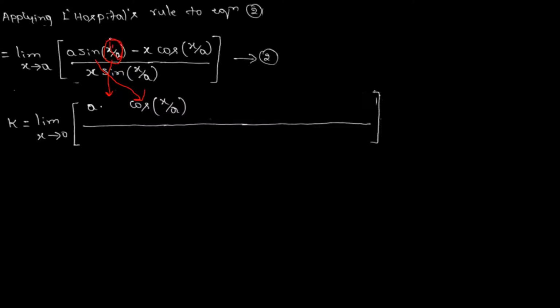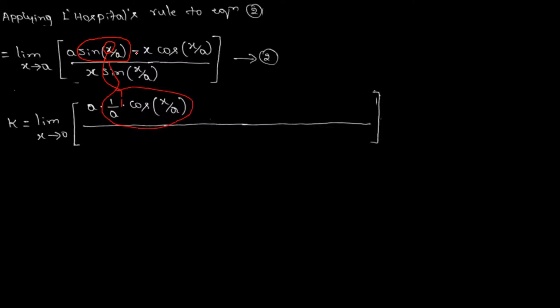We have to write it as it is. And then differentiation of x will be 1, which we have not displayed here. So this is how we applied the chain rule to differentiate sine of x by a, and we got this.